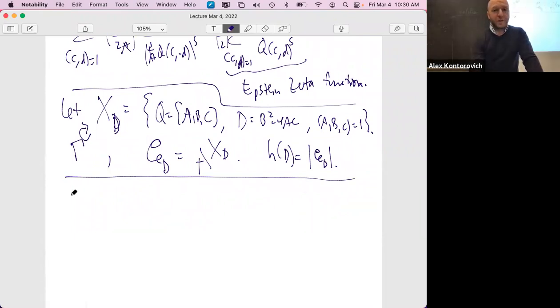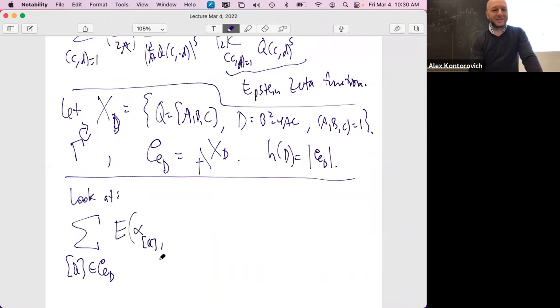So here's what we want to do. We want to look at the following thing. If we sum over classes in the class group of E of alpha, it doesn't matter which one we take, since the whole class has the same value at s.